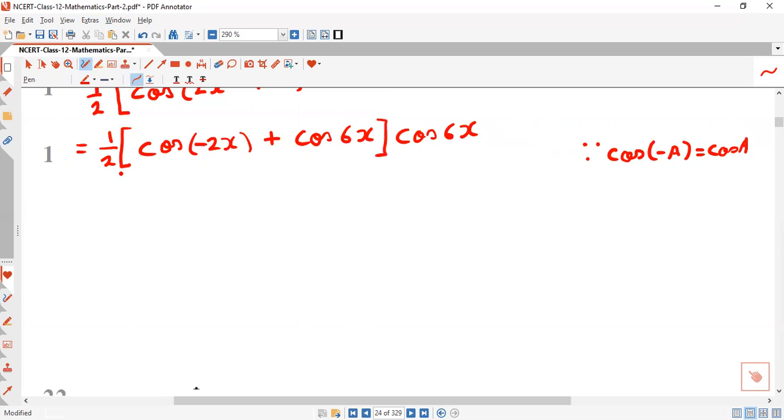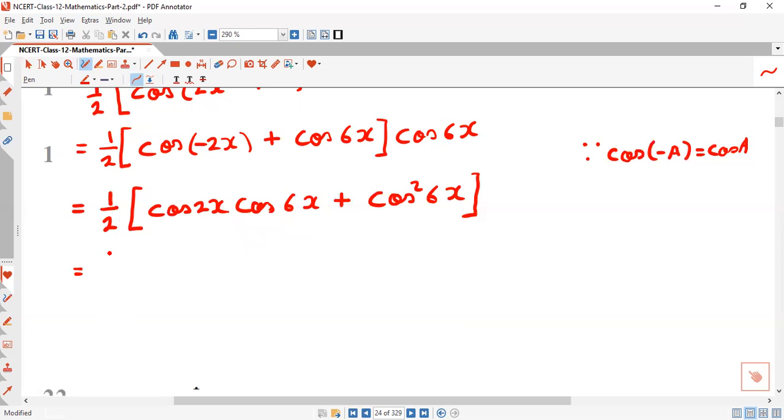So we separate this one. We maintain the half. Half of cos 2x cos 6x plus cos square 6x.